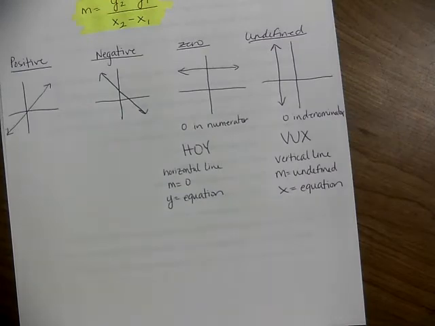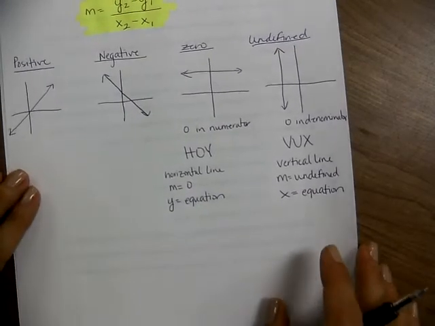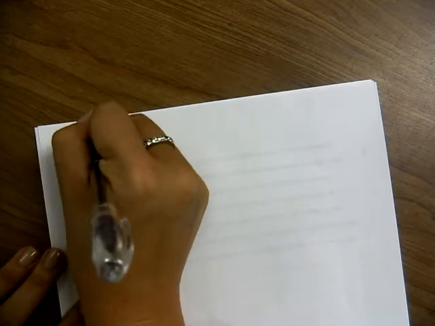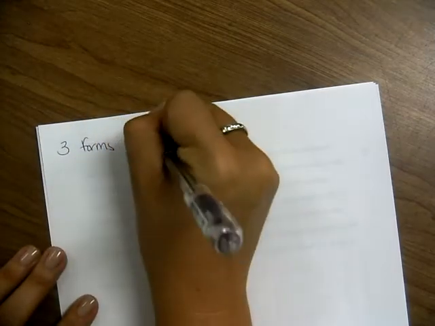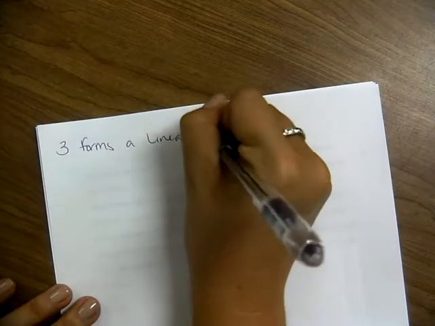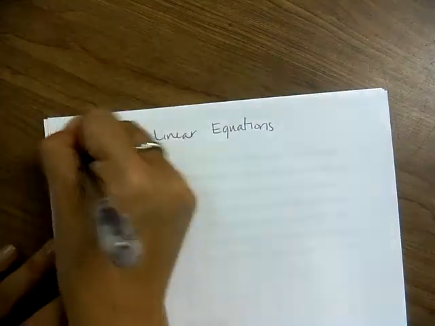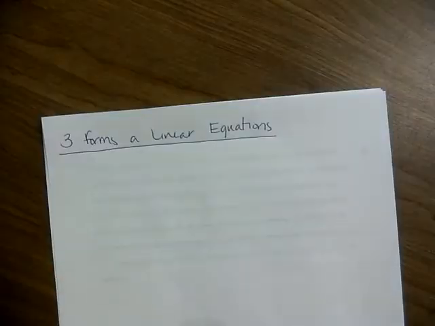We're going to talk about today 3 forms of a linear equation. So there are 3 ways we can write a linear equation. And you're going to have to be able to write all 3 forms and manipulate any of these equations to look like another.